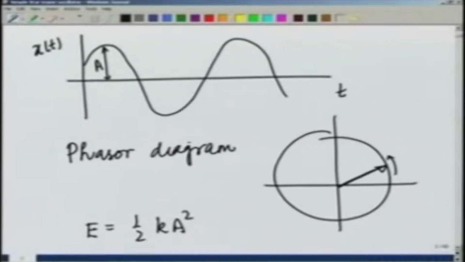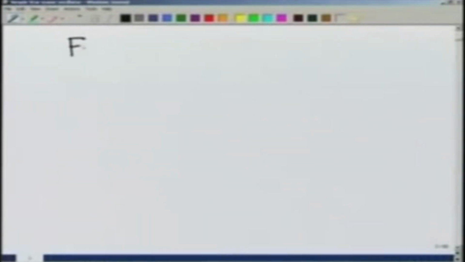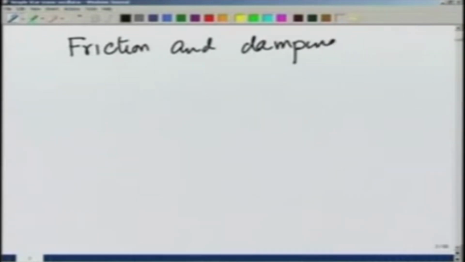In this lecture, a little complication to the system: we are going to introduce friction and damping. I am writing these two terms separately because they are going to mean slightly different things.